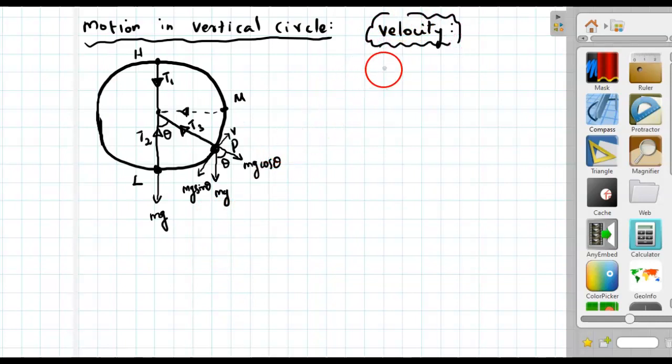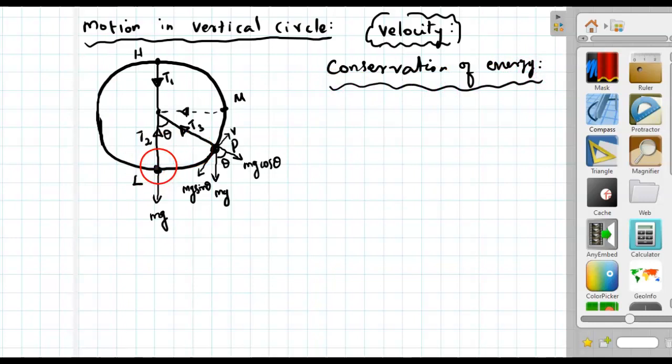To derive the velocity expression, we need the knowledge of conservation of energy. Energy at any point is conserved, which means at the lower level, it has the highest speed, so it should have the maximum kinetic energy. Using this kinetic energy, the body is moving upwards.